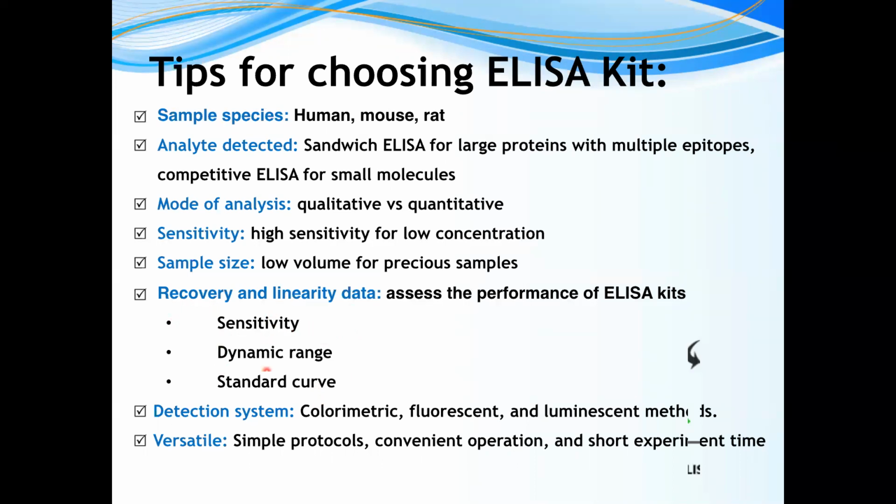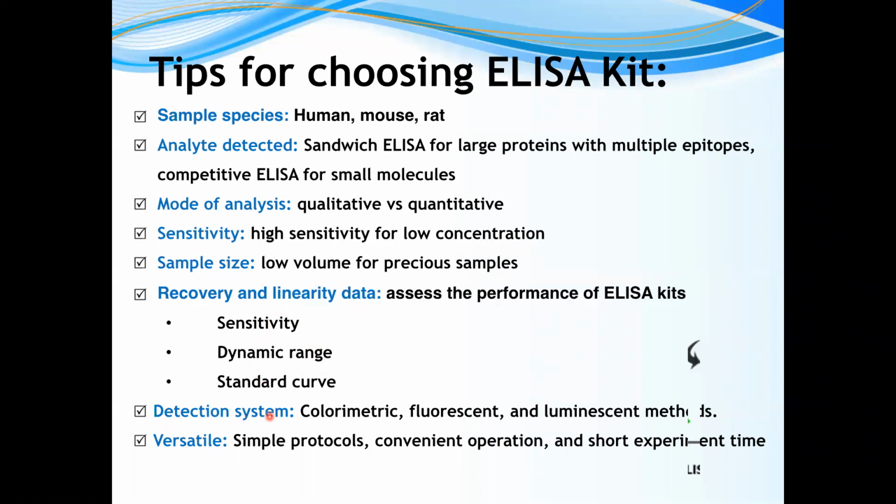If you look at the product data sheets supplied by the different manufacturers in the market, they mostly provide these parameter data. And it is very important to carefully compare these parameter data, particularly recovery and linearity, to choose the right ELISA kit.